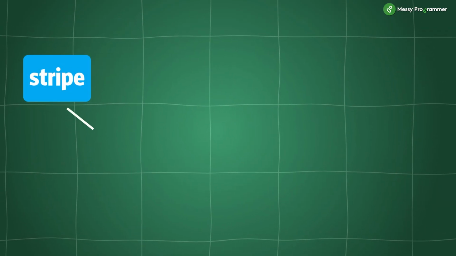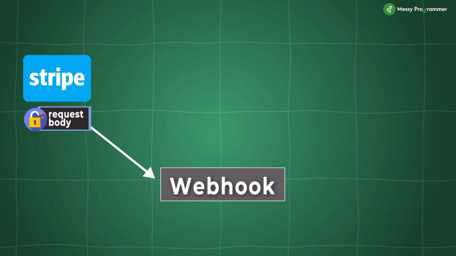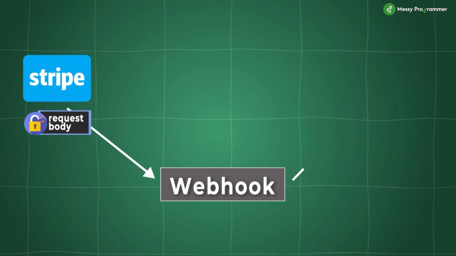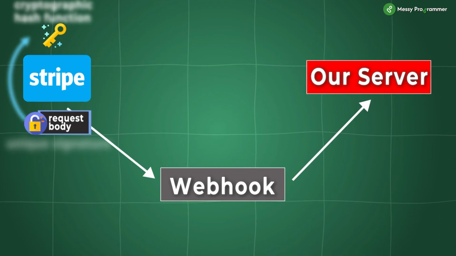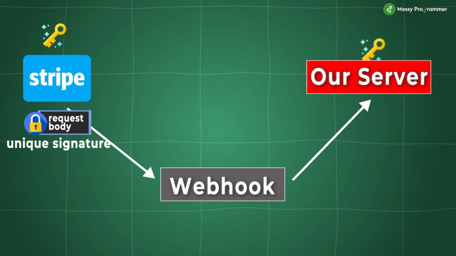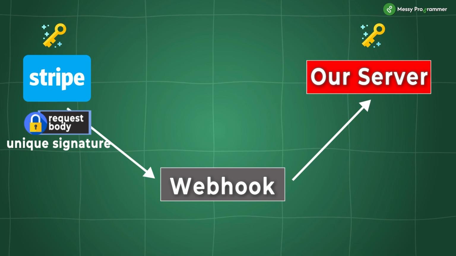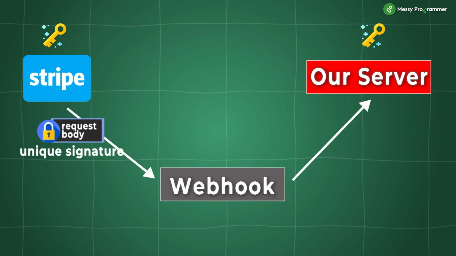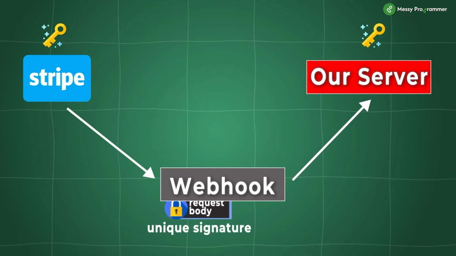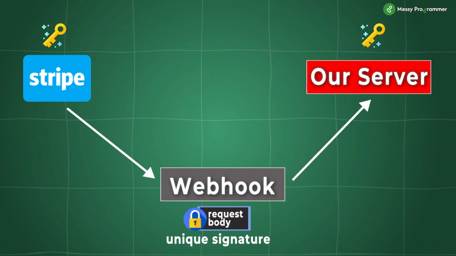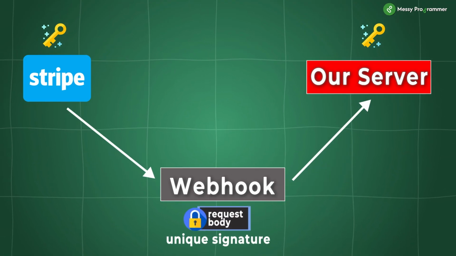When Stripe sends you a webhook, they take the entire request body, all the data they're sending, and run it through a cryptographic hash function using a secret key that only you and Stripe know. This creates a unique signature, like a tamper-proof seal. They send this signature along with the webhook in a header, something like Stripe-Signature.